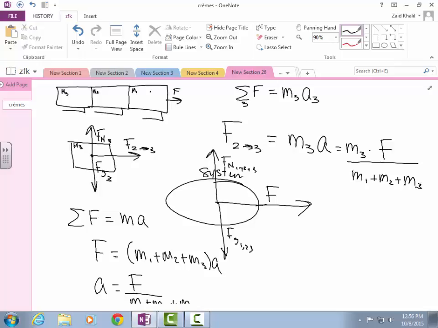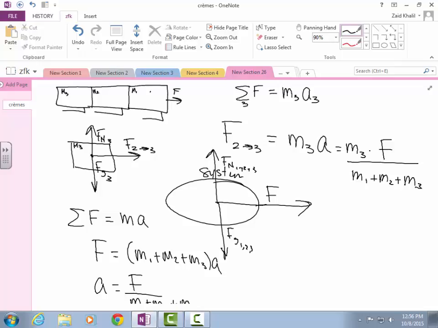All right, so who has it? What is the physical significance of this? What does F1 on 2 represent? Yes. In other words, I combine the second car and the third car into a blob. What are the forces acting on the blob? What's the force acting on the blob, M2 plus M3?